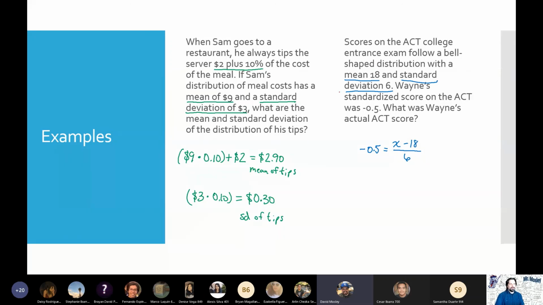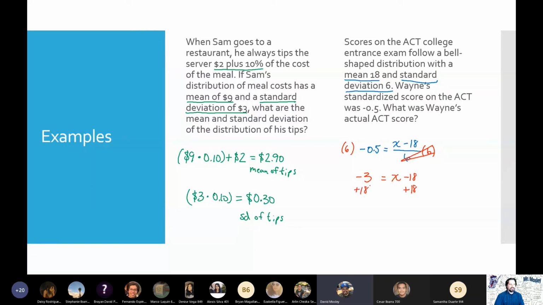So we have to multiply each side by 6. That cancels out the division by 6. That results in negative 3 equaling x minus 18.